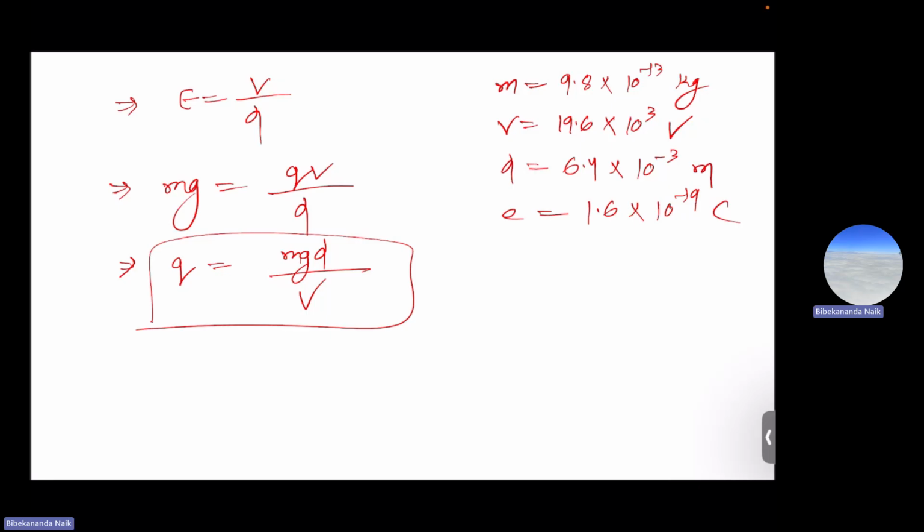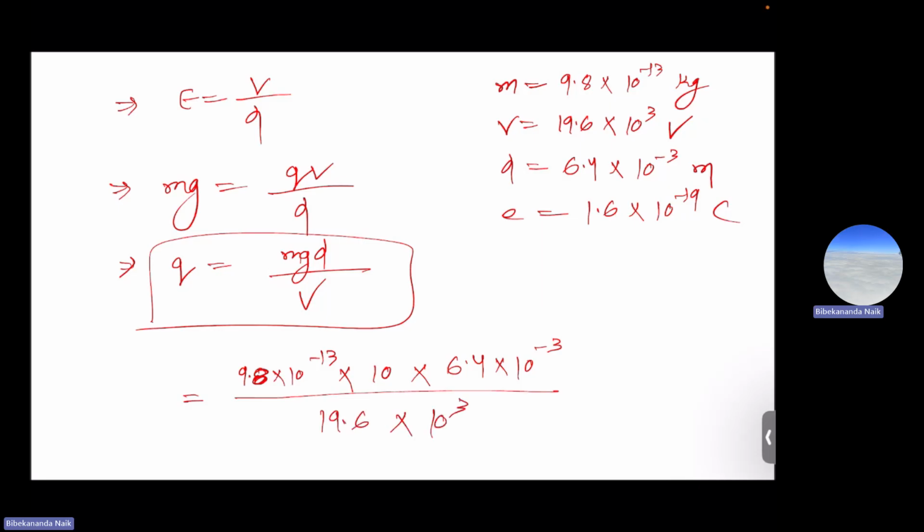So if you put all the values, it will be 9.8 × 10^-13 × 10 meter per second square, the value of g, then d is 6.4 × 10^-3 divided by V, V is 19.6 × 10^3.